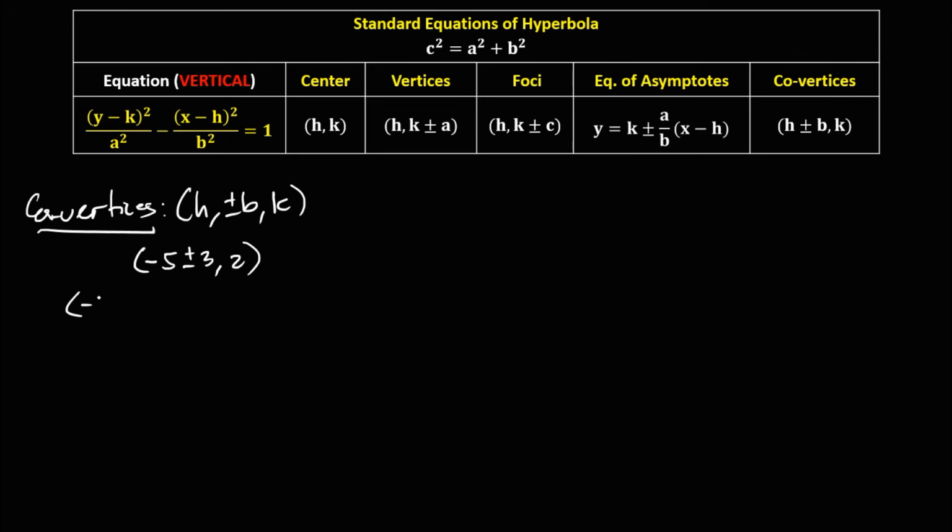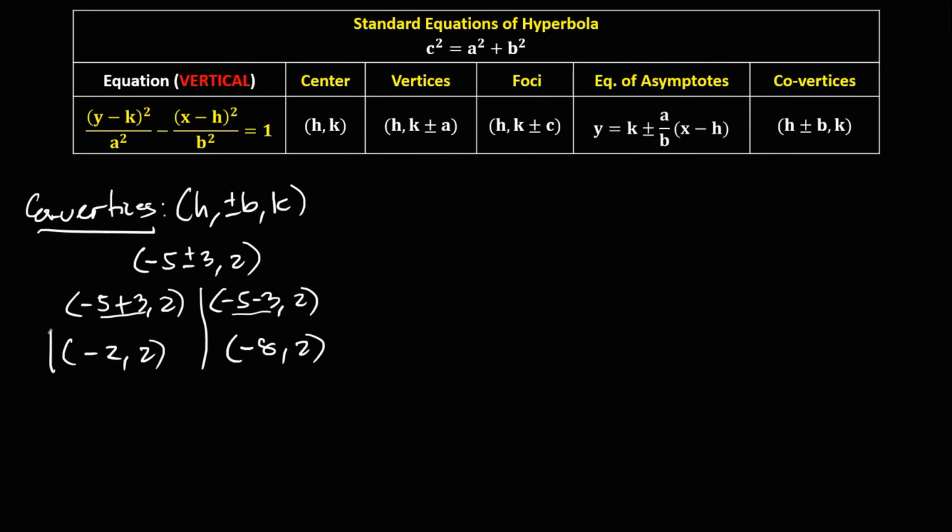Then to simplify, we have negative 5 plus 3 and 2. Then the other one is negative 5 minus 3 and 2. So negative 5 plus 3 is negative 2, and 2. Then the other one, negative 5 minus 3, that's negative 8 and 2. So these are now the coordinates of the co-vertices.